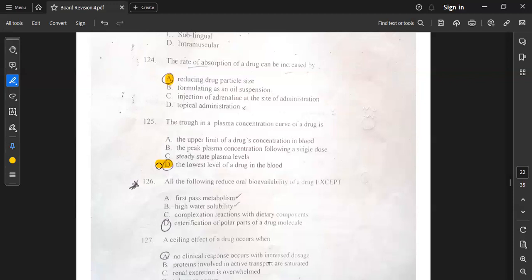My assumption, which I'm trying to confirm with the reference, is that if a polar group undergoes esterification, it will become a bit more lipophilic, like acetylation, but I'm not sure. I'm trying to confirm that.